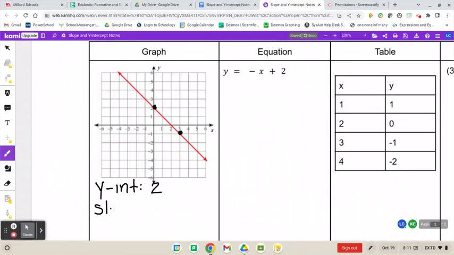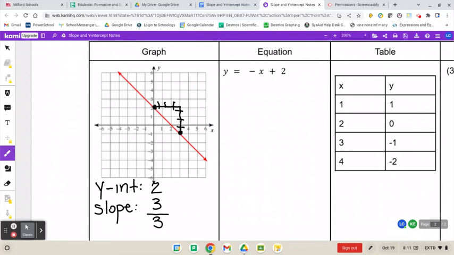So for my slope, you're going to draw a right triangle. You just follow the coordinate grid. And I go 1, 2, 3. So that's my rise. And I run 1, 2, 3.